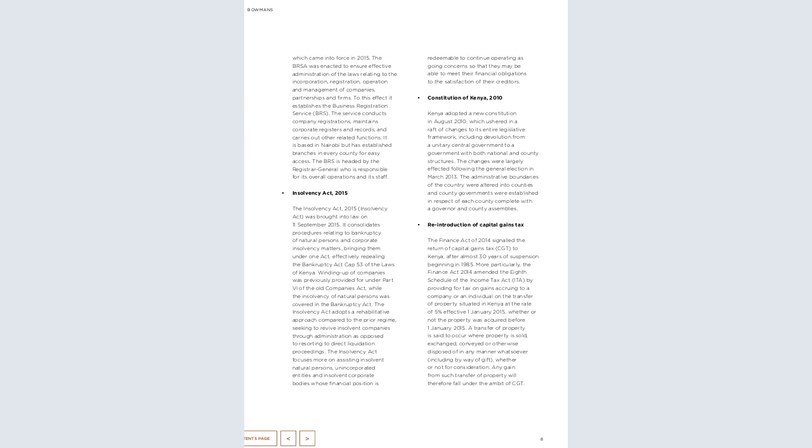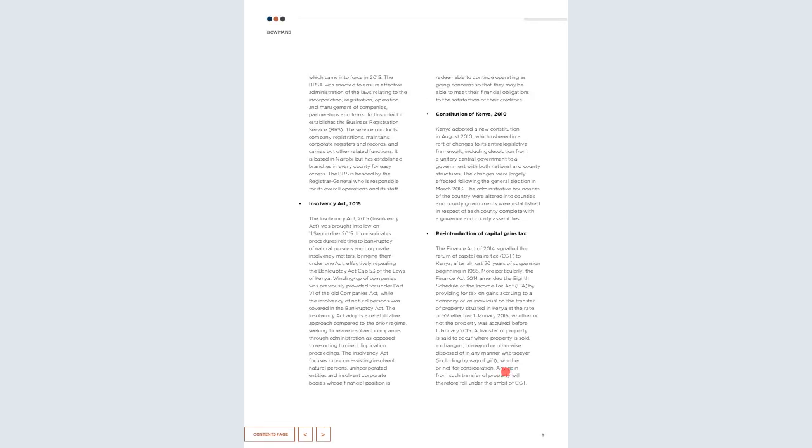There's normally a KRA PIN meant for that specific company. The moment the Attorney General assigns your company that it is now able to start working, you're given a company PIN that is called a KRA PIN. So you have to state your starting capital in that before you are able to process all the company's requirements.